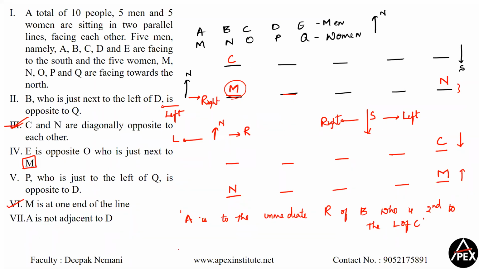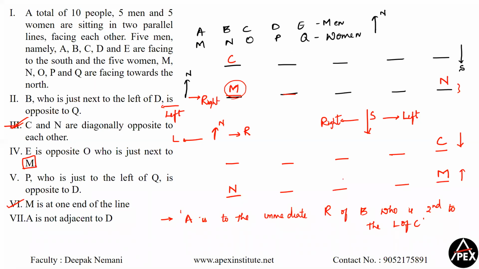Is it A or B? If the statement is like A is to the immediate right of B, who is second to the left of C, who is it? A or B? B.